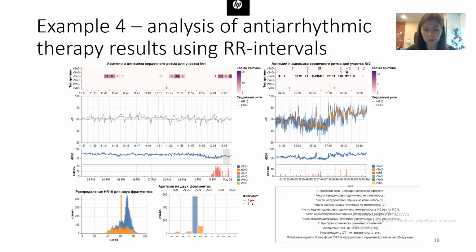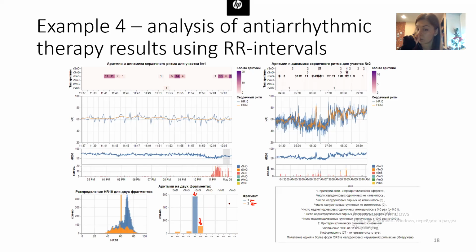After the therapy, it will be the second group. You see that in his usual state, this patient has a lot of arrhythmias of the R, C, and C types. And after the therapy, the number of these arrhythmia events is less than before.